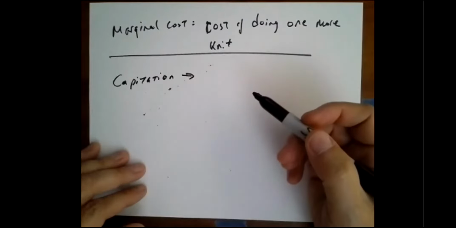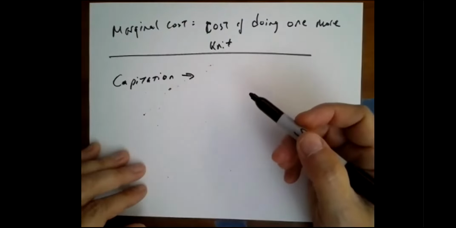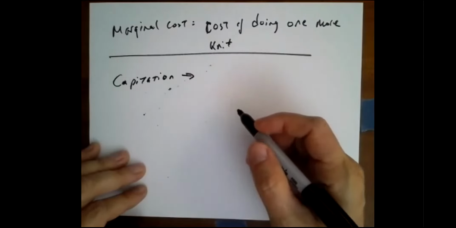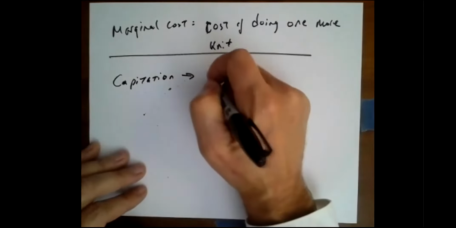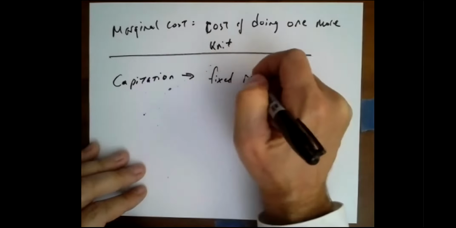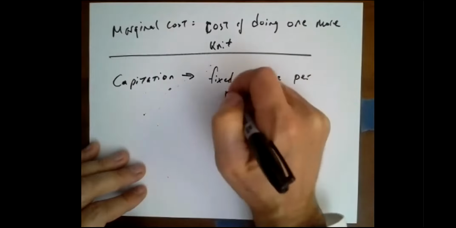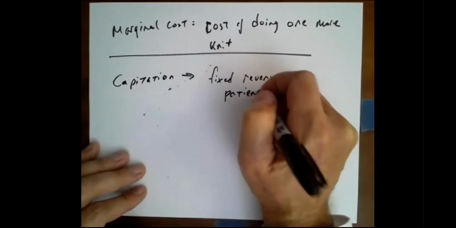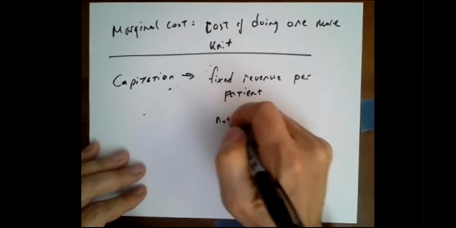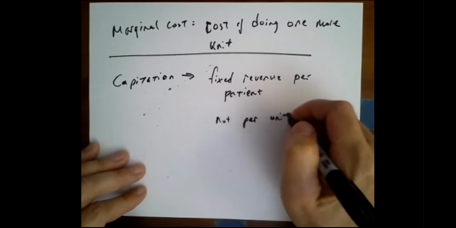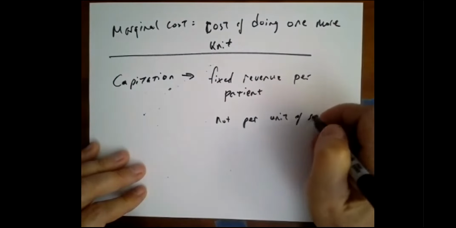We're going to now switch to capitation, where a provider agrees to a fixed revenue per patient, not per unit of service.